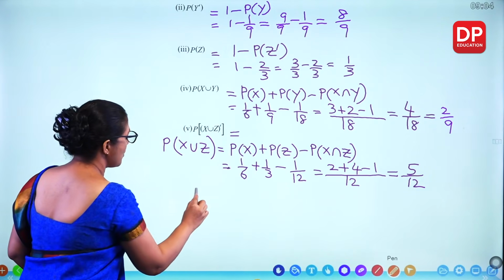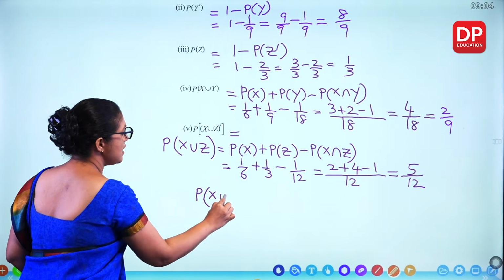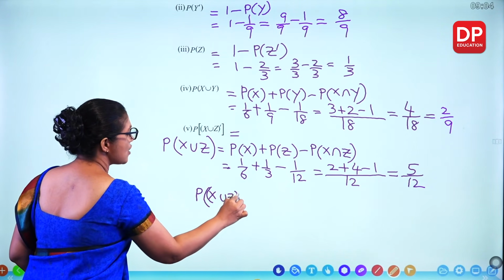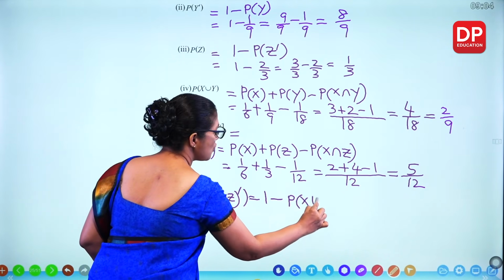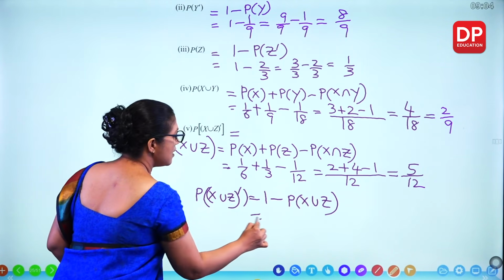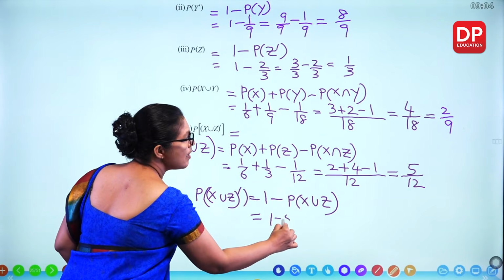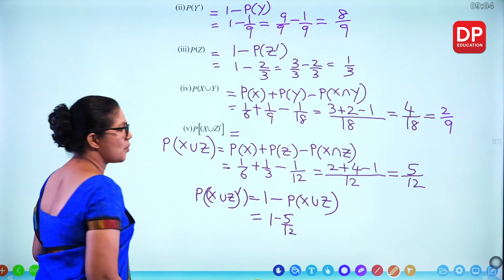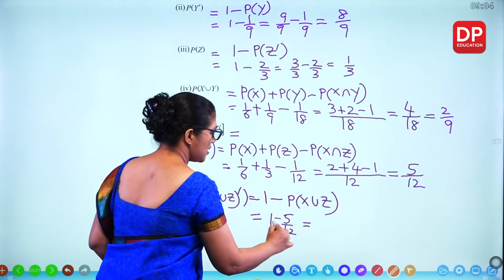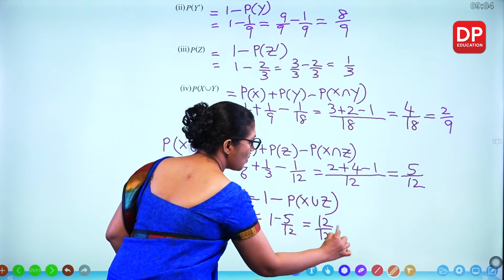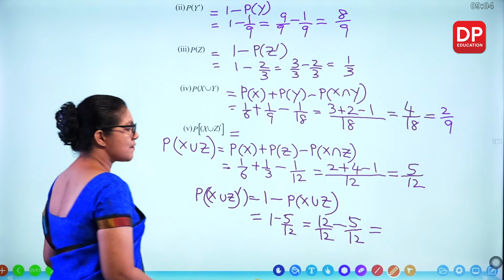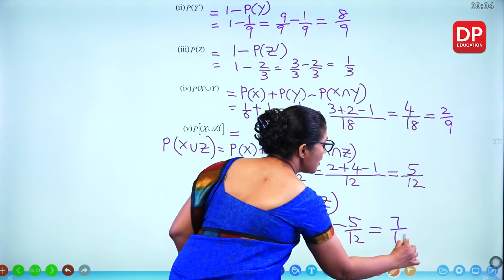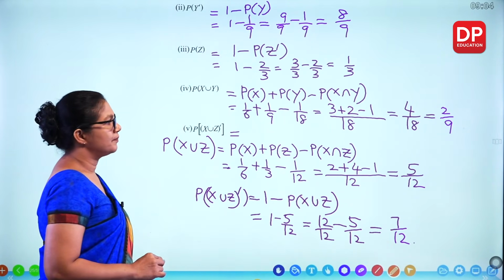Again, I'll write down the question. Probability of x union z dash is equal to 1 minus probability x union z. Union z we found 5 over 12. Substitute 1, I can write 12 over 12. And then 12 minus 5 becomes 7 over 12.